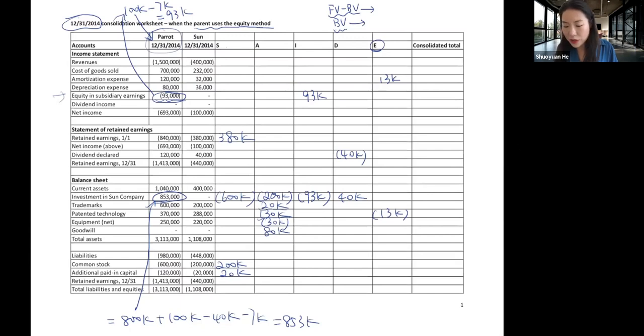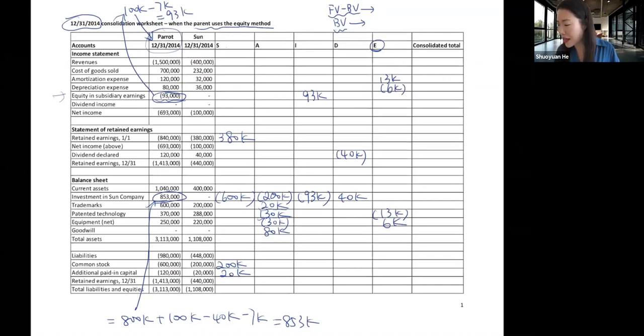And then we also have equipment. The difference is negative 30,000, depreciated over 5 years. So 6,000 is actually a decrease in its depreciation expense. So that's all for consolidation entry E.